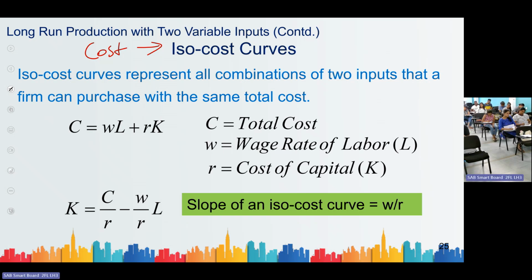Usually, isocost curves take a straight line shape. L here, K here. This is isocost. It takes a downward sloping straight line.